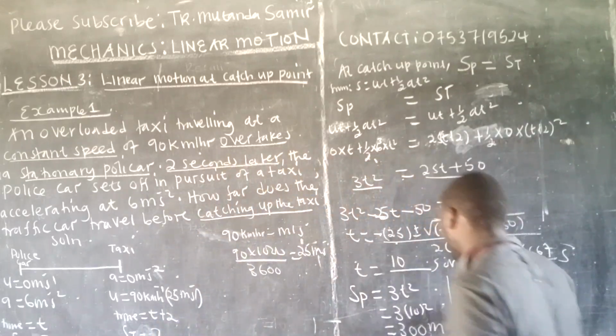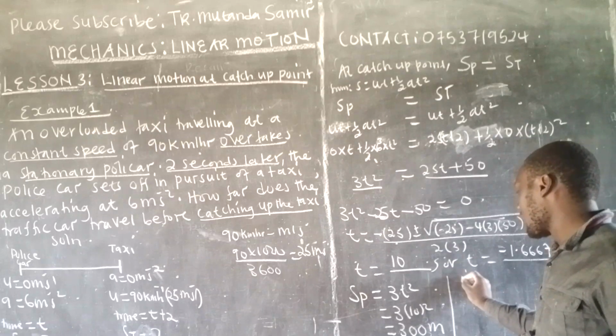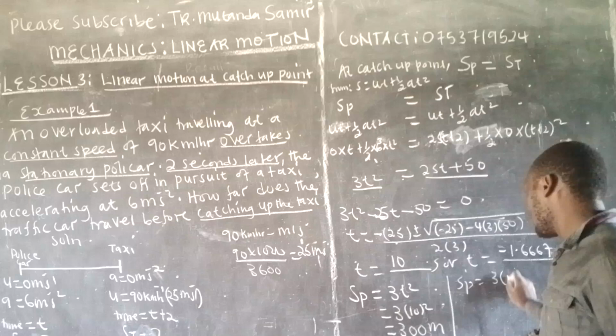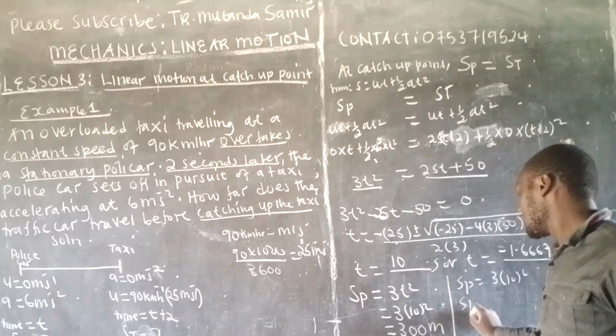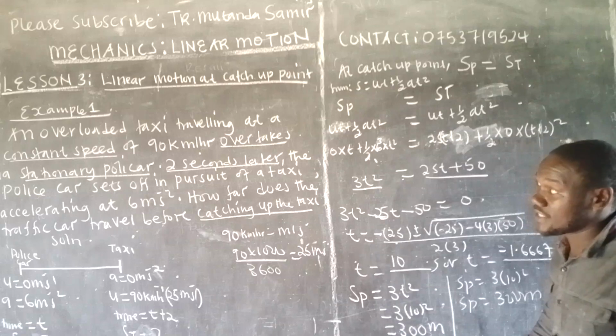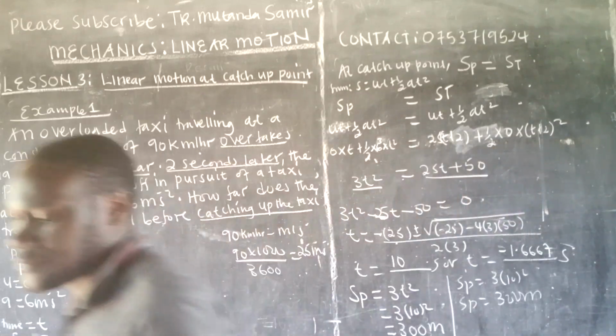In simple terms, S_P will be equal to 3 into 10 squared. So S_P will be equal to 300 meters, as simple as that. That's what they required in that simple question.